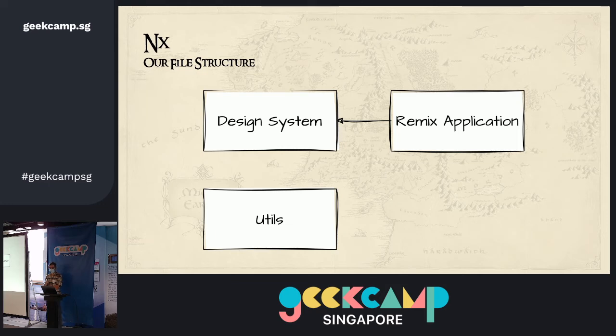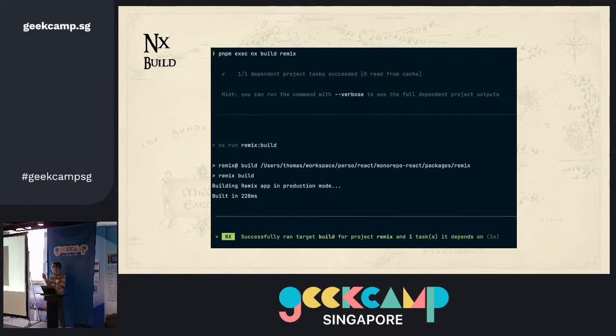So this is the file structure we're gonna use. We have a design system that is used in a Remix application, and we have a utils folder that is not used anywhere, just for the sake of the example. If I want to run the nx build command, it will actually look for all the dependencies of my project.